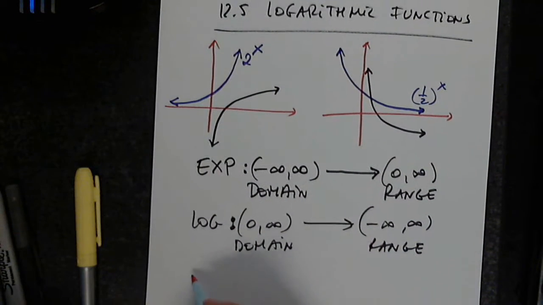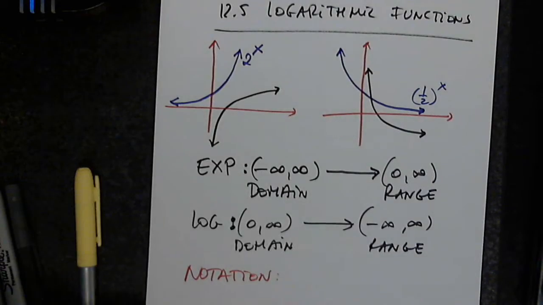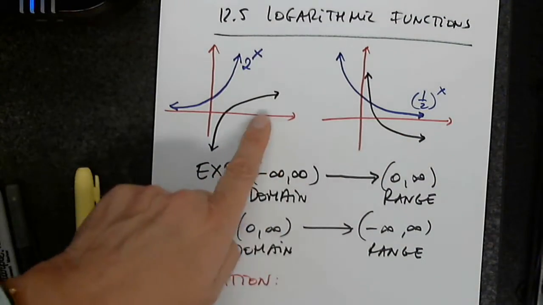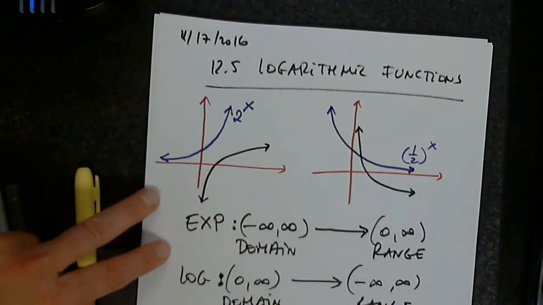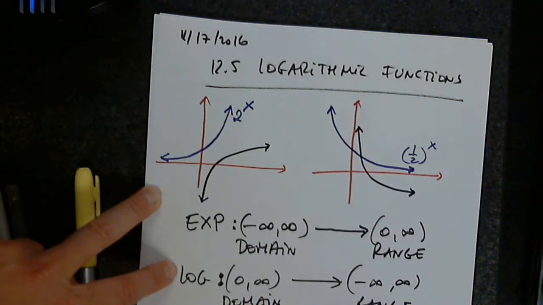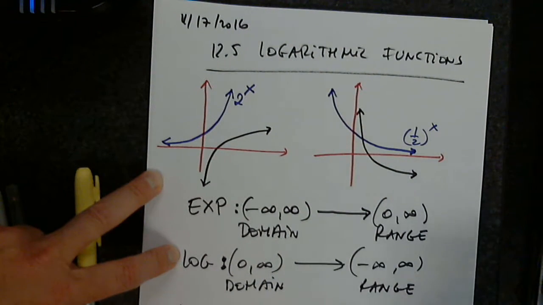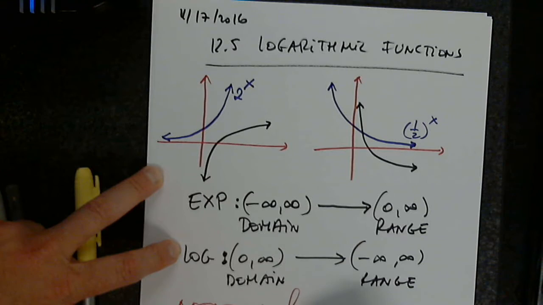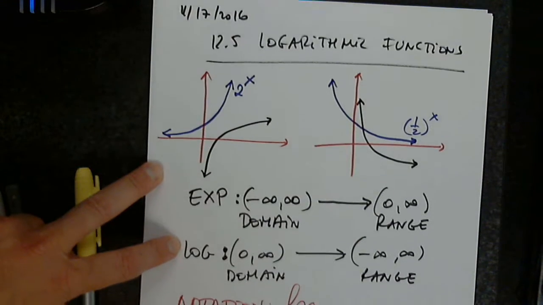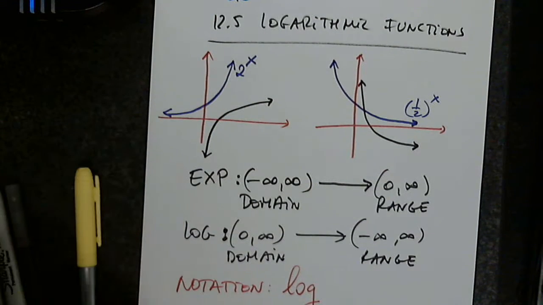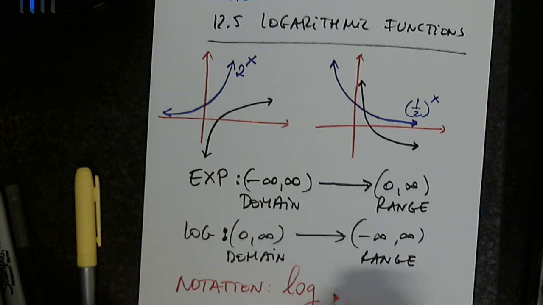Now notation. I'm going to put a notation for each. First of all, the inverse function is called the logarithmic function. The notation is log base 2 of x. So this is f inverse for the function f of x equals 2 to the x.